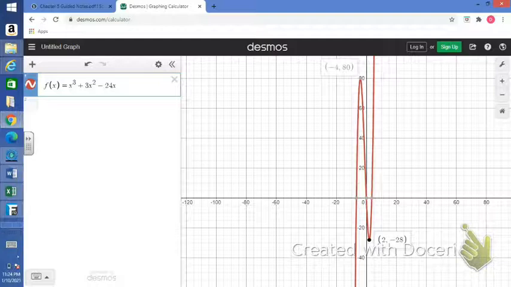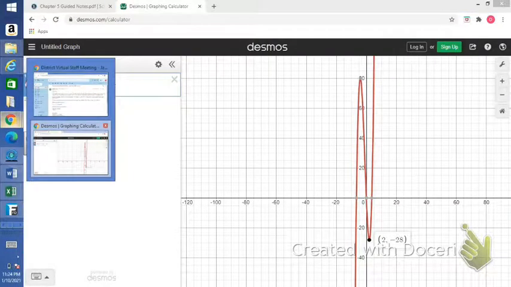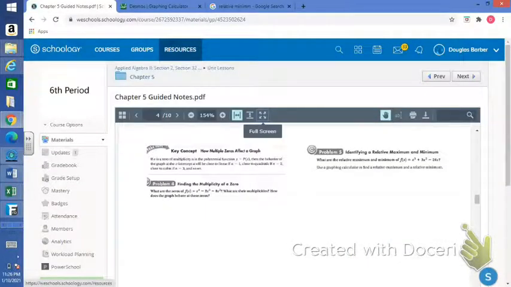Alright, so let's go back to our problem. Okay, so our relative maximum occurred at the ordered pair negative 4, 80. So we're going to include the x coordinate, but we're going to do it in a way, this is what we're going to say.